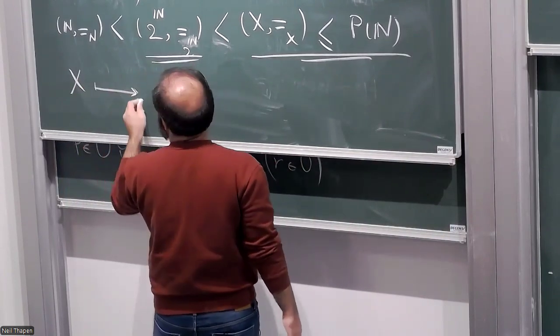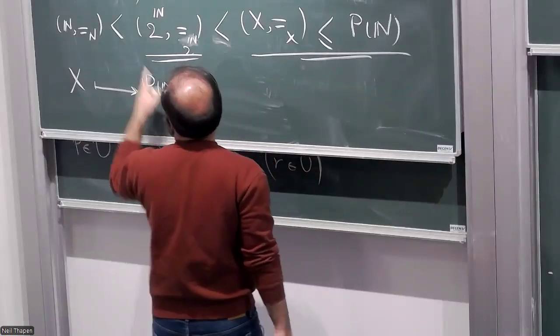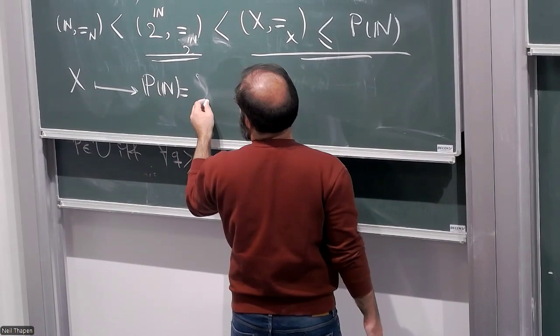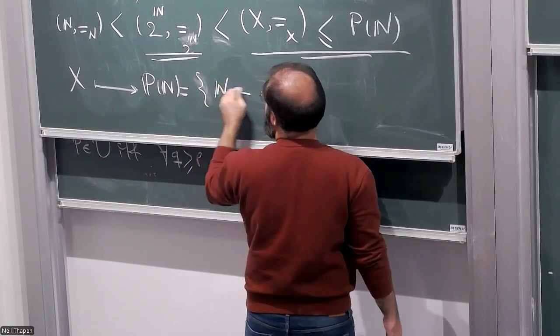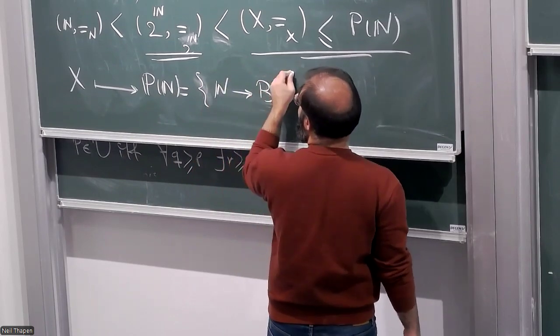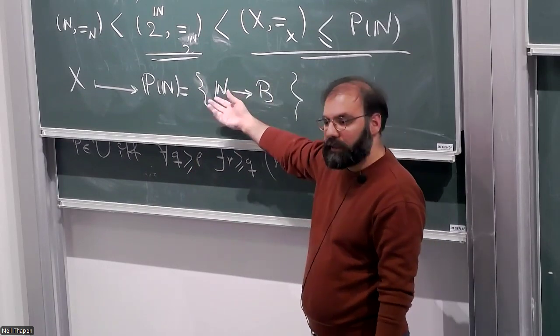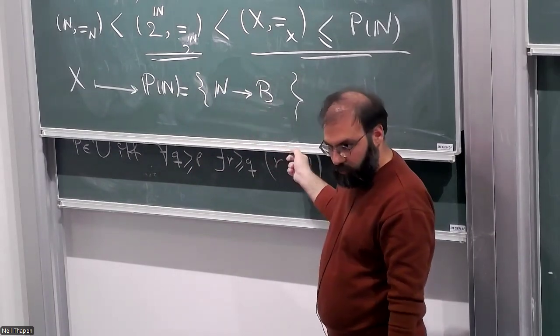I said that go from, so what is Pn? You remember all the maps from this n. So this is just, somehow as a set, it is just a set of maps from n to b, right? Any map from n to b, because it is equality, it respects everything. Any map from n to values is just one subset.